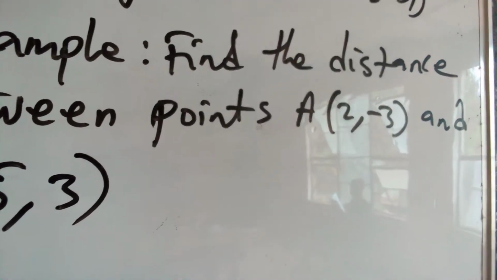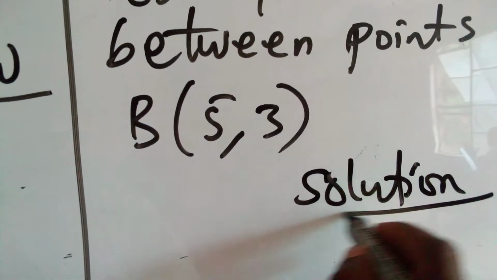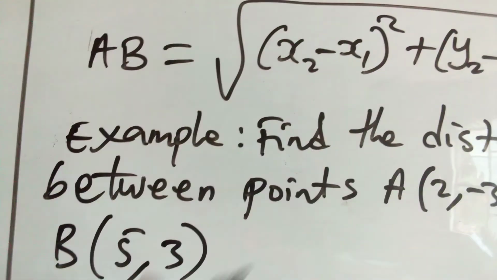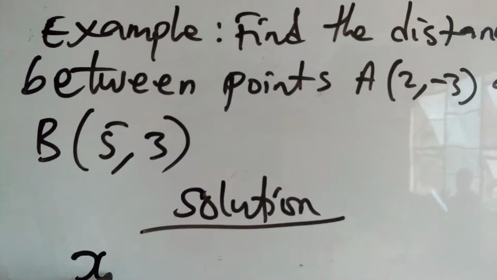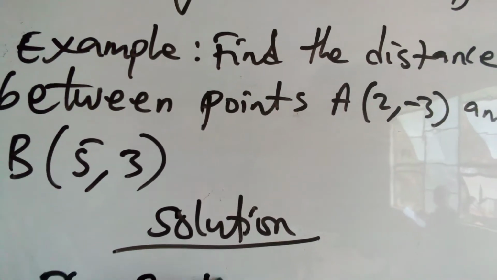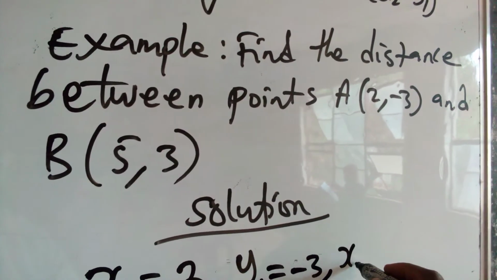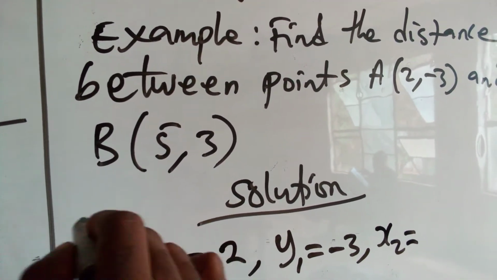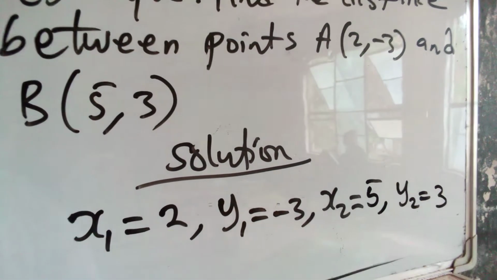So all you have to do, you write solution. All you have to do is just memorize this formula. So what is your S1? You go to the first point. Your S1 will be the first value there, which is 2. Then your Y1 will be the second value. Your S2 will be the first value in the second point, which is 5. Your Y2 will now be 3.